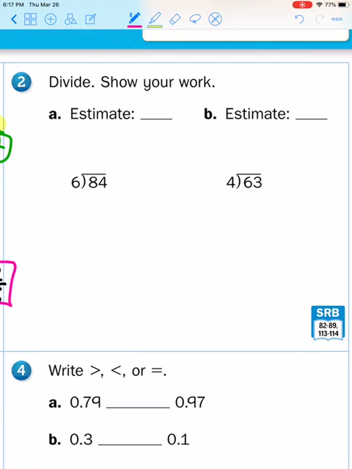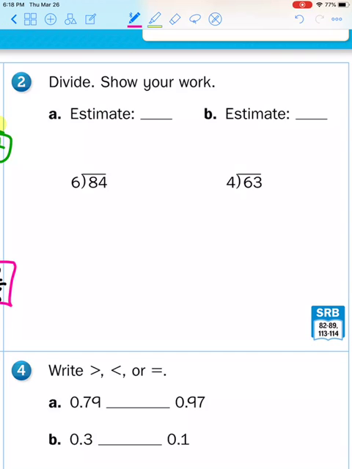It says divide, show your work. So A is asking us to estimate. So let's estimate 6 divided by 84. What would be a good estimate? Well, I know that 10 times 6 is 60, 11 times 6 is 66, and 12 times 6 is 72.